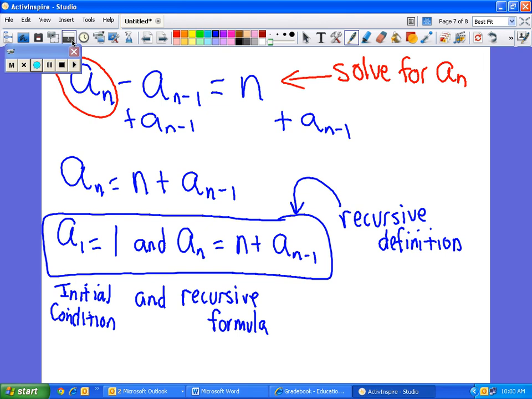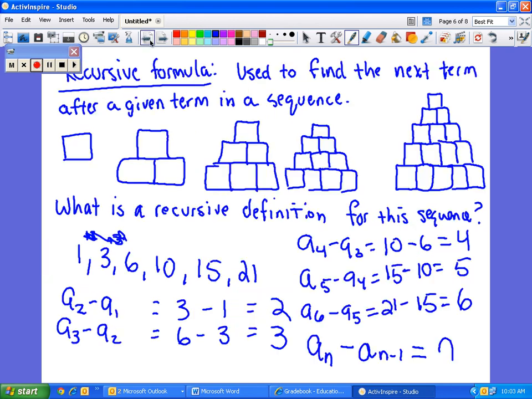You need to indicate what the initial condition was. So a sub n equals and so on is the recursive formula. That's right. But how did you know that a sub 1 was 1? It's whatever's first. Most of the time it's going to be 1, but not always.